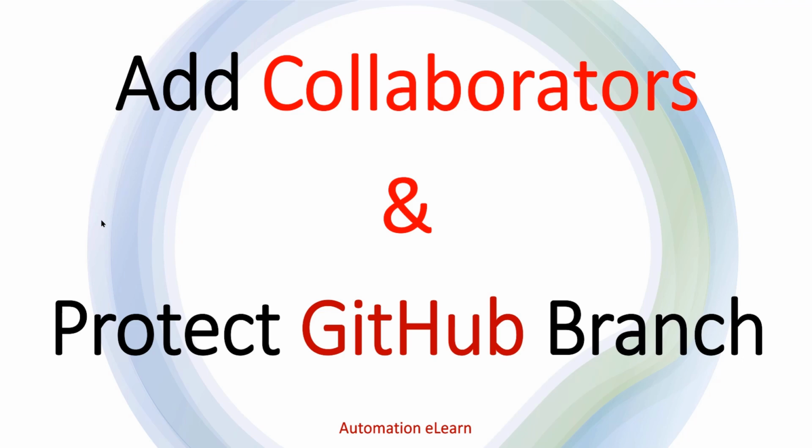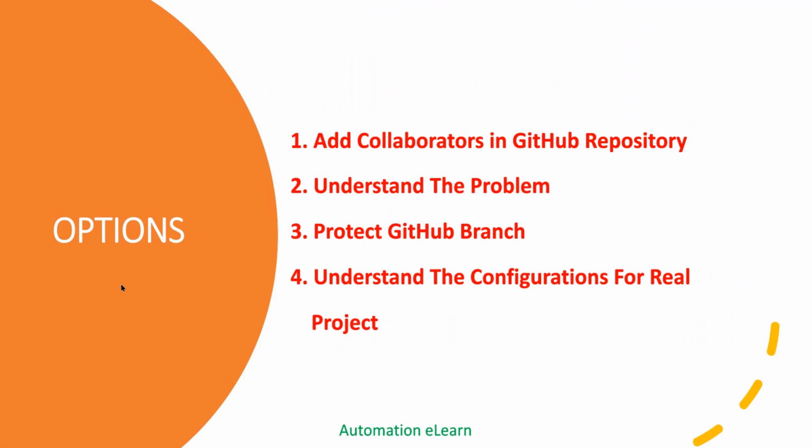In this video, I am going to discuss one more feature of GitHub, which is how to add collaborators and how we can protect our GitHub branch. So in this video, we will understand how we can add collaborators to our GitHub repository. And there is one problem associated with adding a collaborator.